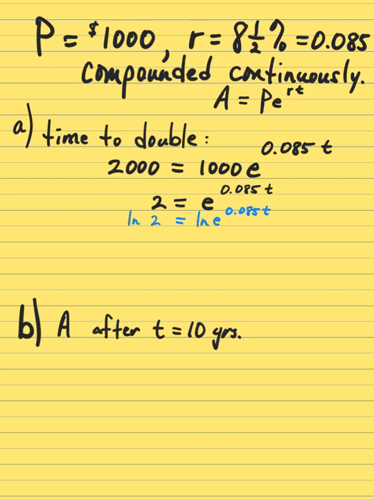Because natural log and E are inverses, it knocks out the E, bringing the 0.085t down to base level. So we have natural log of 2 is equal to 0.085t. Divide both sides by 0.085.